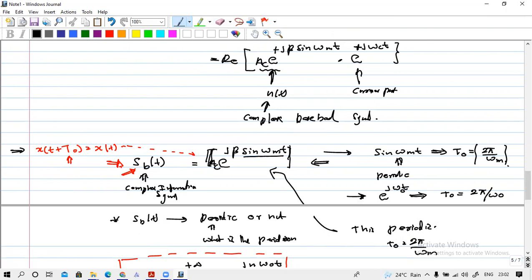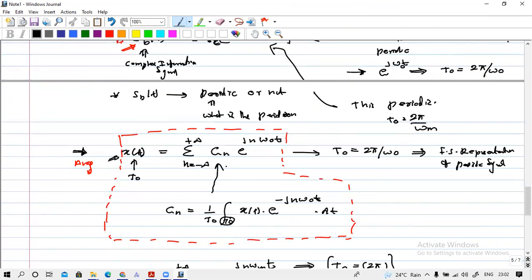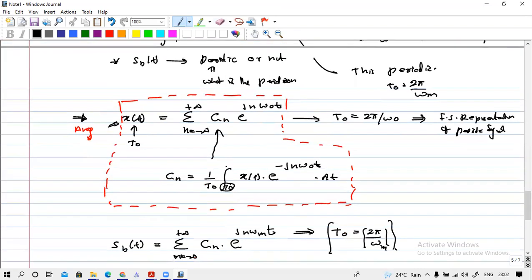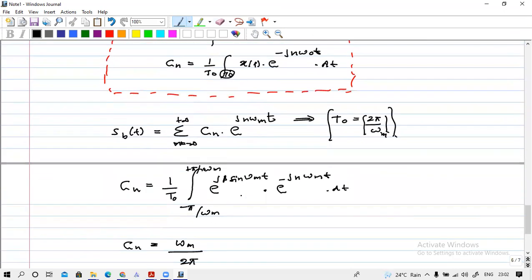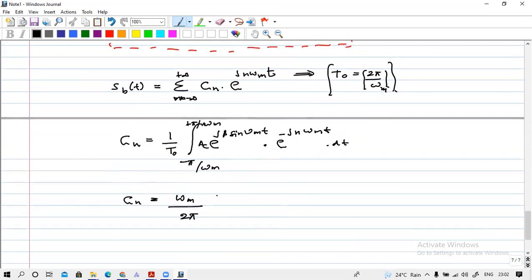So Ac should be here also, in the integral from minus pi by omega m to plus pi by omega m.